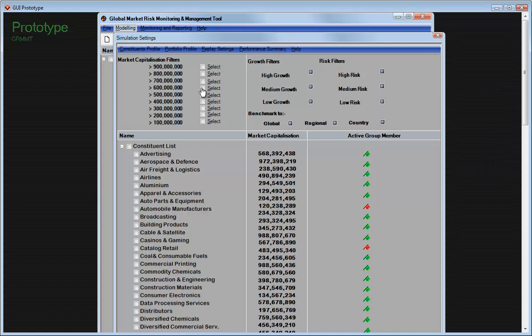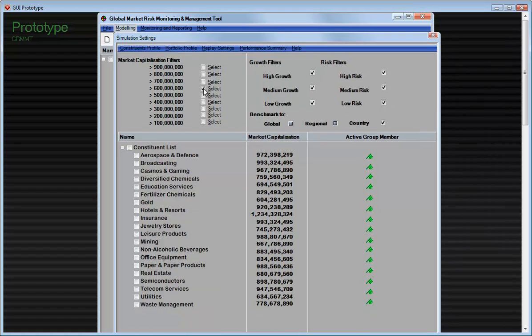Now we might want to, for example, filter that list. We may want to also restrict the type of benchmarking analysis. Do we want these industries to represent a region of the world, a country, or globally? And we can also filter by market capitalization to remove companies within those sample groups or constituent lists that may be too small or too large, for example, depending on the portfolio we're testing.